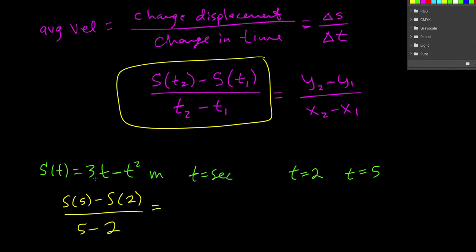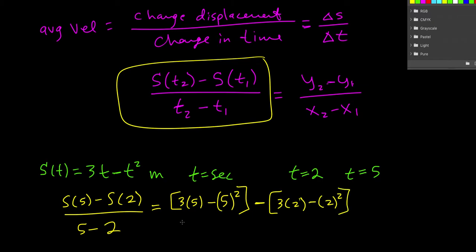So s of 5, I need to plug that into this, and so I'm going to get 3 times 5 minus 5 squared, and then subtract s of 2, so 3 times 2 minus 2 squared. And then I'm just going to simplify that to a 3.